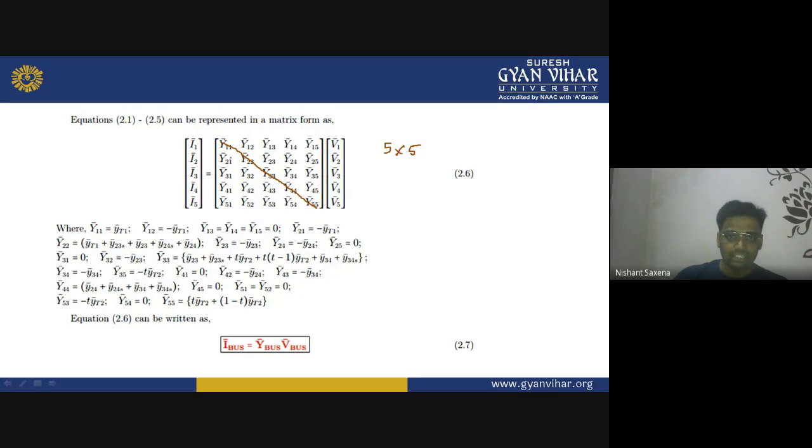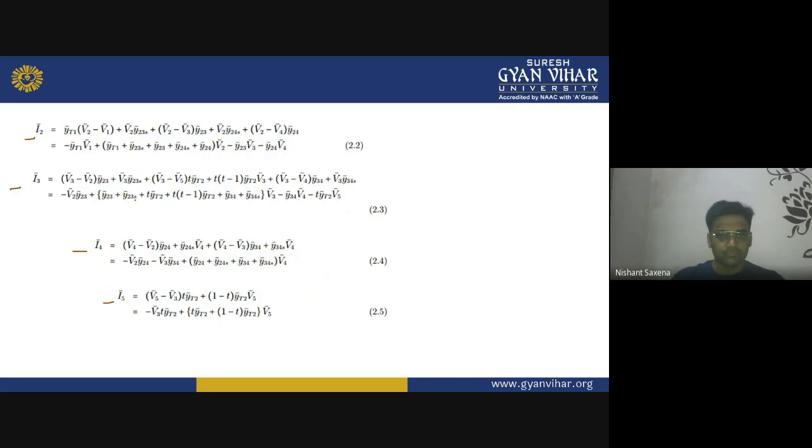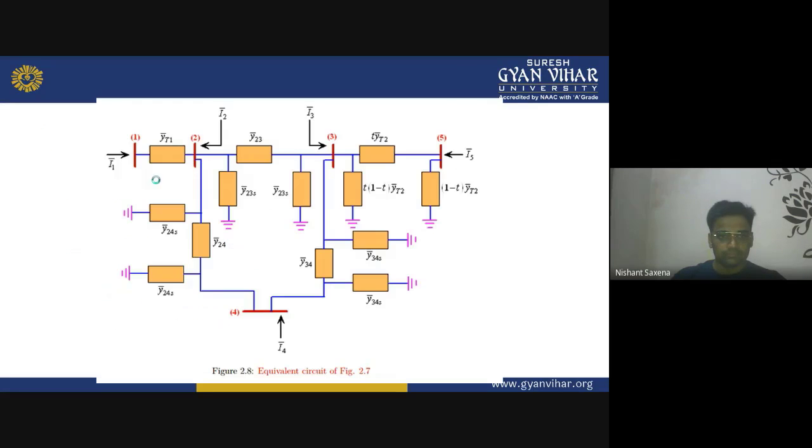Y12, Y13, Y21, Y31, Y32. So what about the Y11? The Y11 is the admittance of the transformer T1. Look at this diagram. This Y11 is the admittance of the transformer T1 associated with bus 1. Which admittance is connected? This admittance is connected.